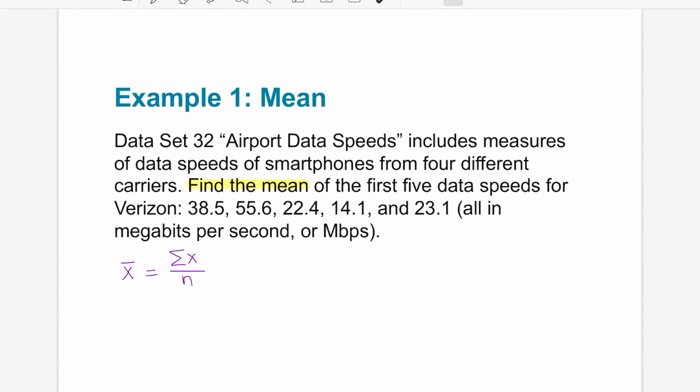Sample mean equals the sum of all data values divided by the sample size. I have 5 different data values, so I need to add them up. And there are a total of 5 values, so my n is 5.